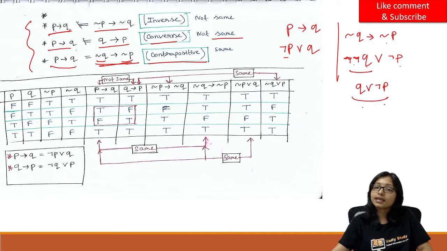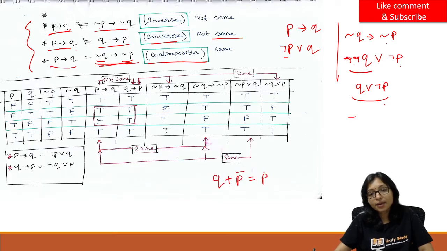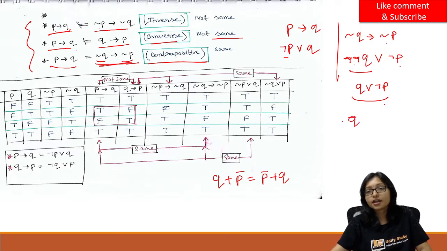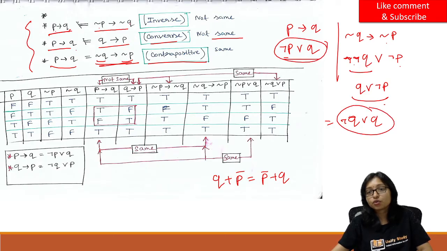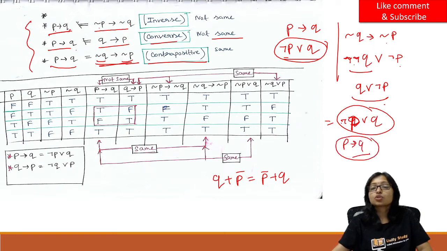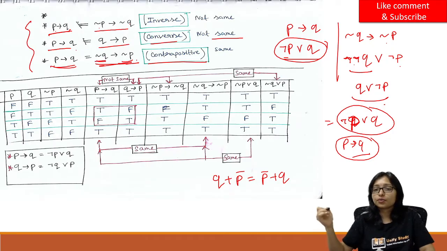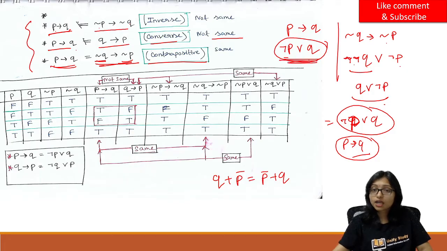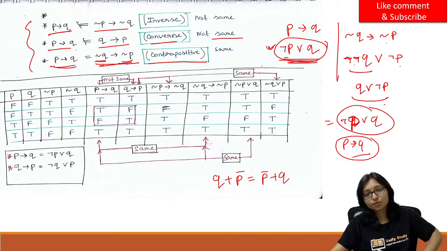Now the same thing I can write like this, because if I am writing Q plus P bar, that I can write as P bar plus Q. Right? So that's why I can write here not P or Q. It is the same, not P or Q, which is actually P implies Q. So that's why P implies Q equals not Q implies not P. Every time you will apply this formula.